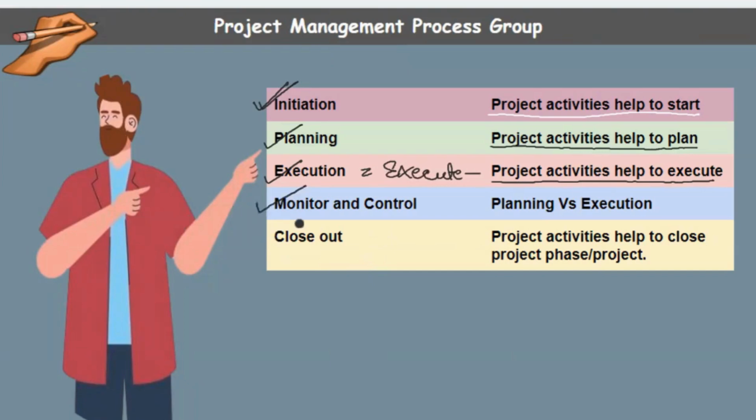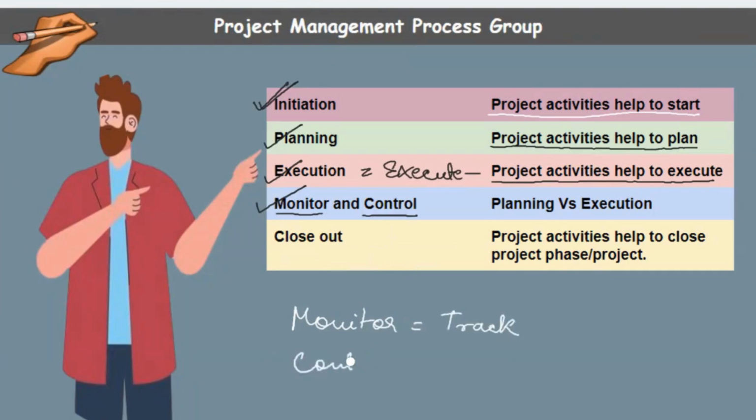So it is an amalgam of two terms, that is monitor and control. So monitor means to keep a track, to keep checking how your team is doing. Are they on track or not?